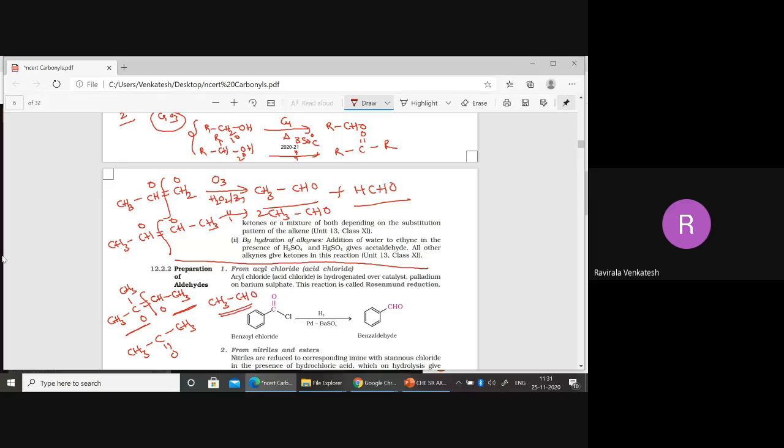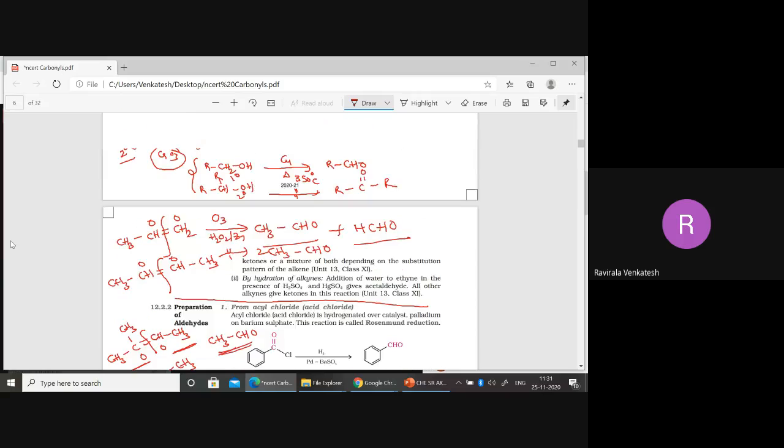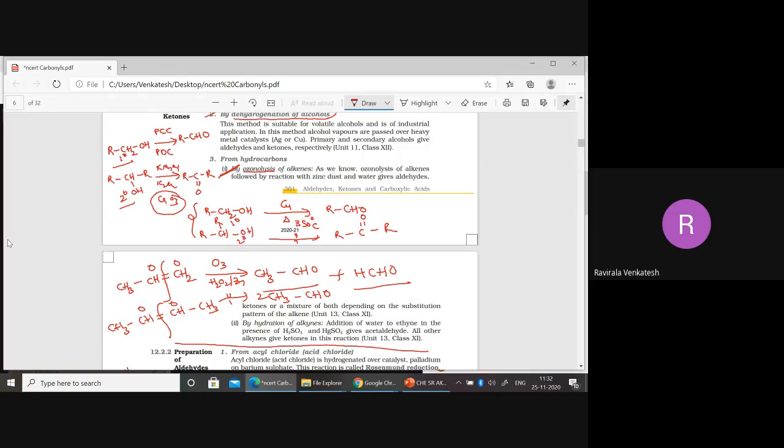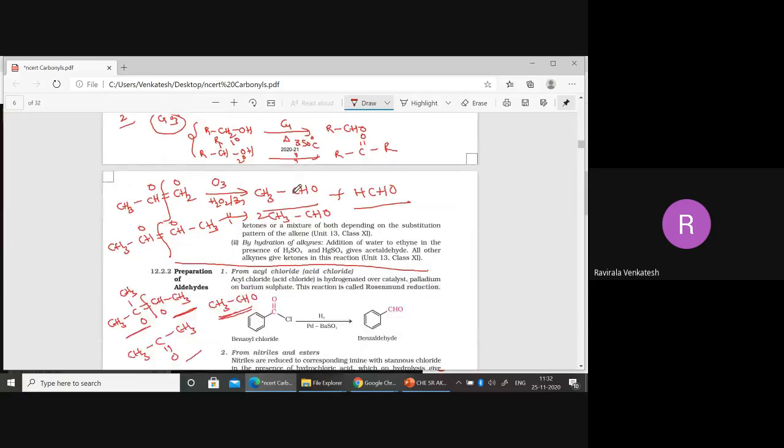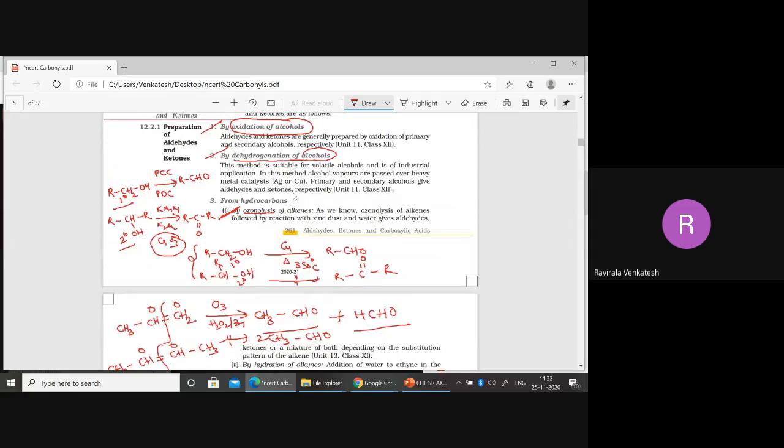In this way, one is a ketone, the other is an aldehyde. Understood? So this is about ozonolysis. By ozonolysis of alkenes we get aldehydes. Here the reagent you are using is ozone plus zinc plus water, H2O.